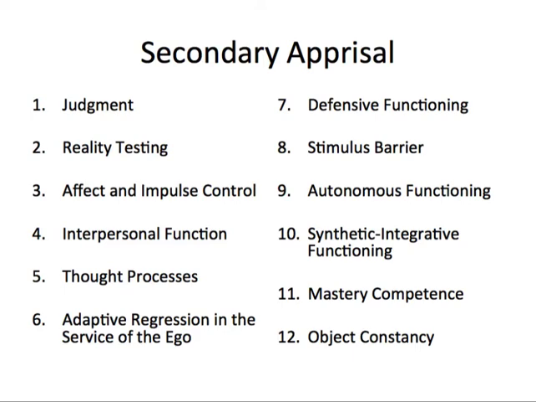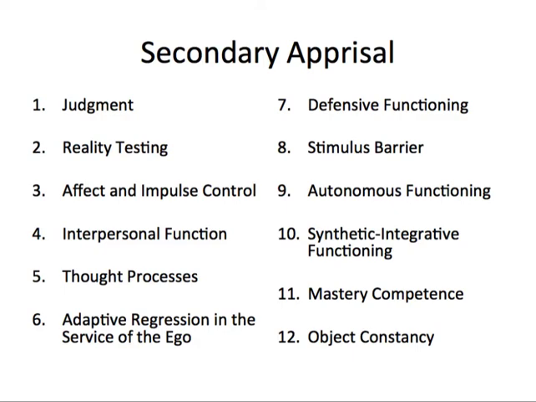Affect and impulse control refers to both the ability to modulate feelings without being overwhelmed, self-control, and the ability to delay gratification. The individual must have the capacity to manage aggressive and/or libidinal wishes without immediate discharge through behavior or symptoms.